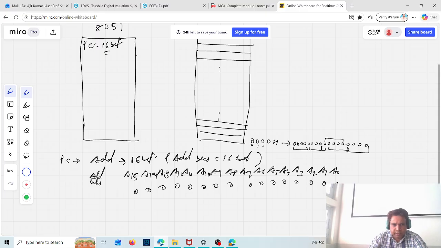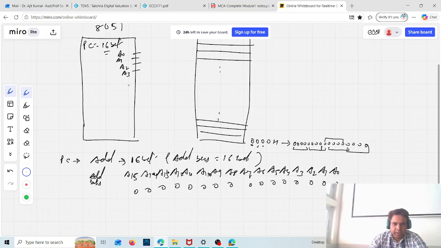Let us say that here I am having those address lines: A0, A1, A2, A3, and so on up to A13, A14, A15. This is actually not practical. I'll show you that they are actually connected from the ports. Port 0 and port 2 are used for the address lines and data lines. But for the sake of explanation, I'm drawing them directly here.